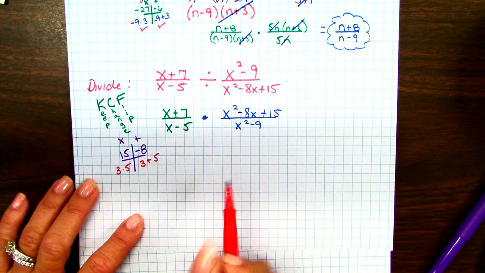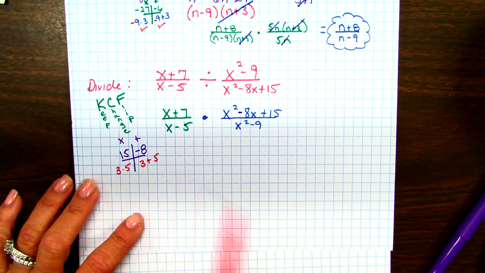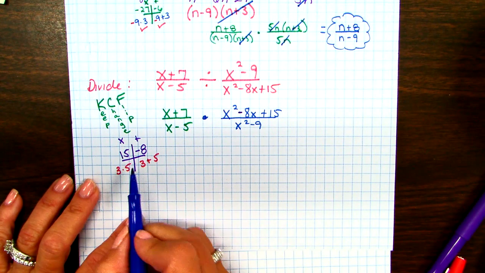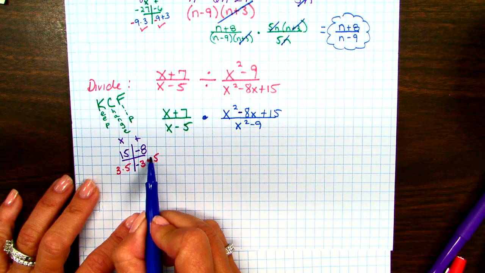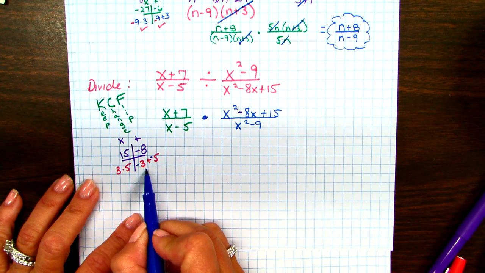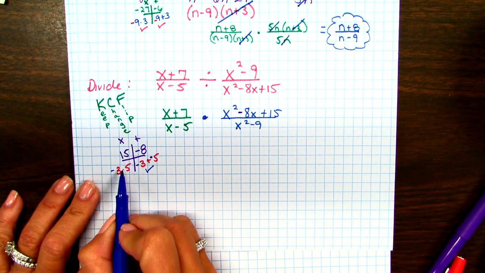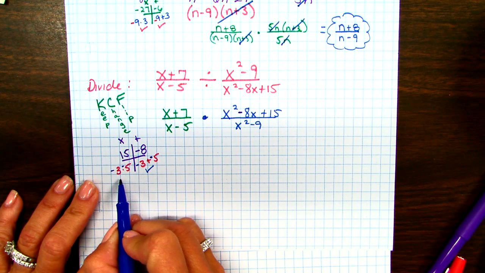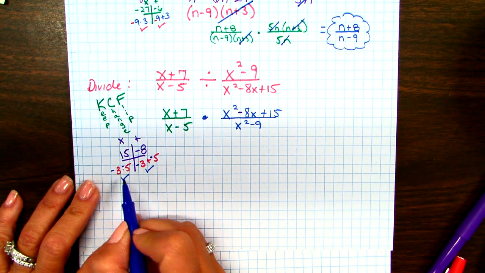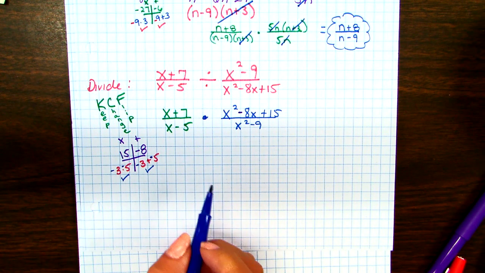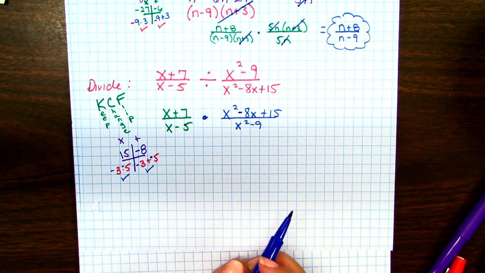How do I make a negative 8 with a 3 and a 5? Both negative. Good. If you do a negative 3 times a negative 5, you get negative 8. Check it over here. Negative 3 times negative 5 is positive 15. If you're not good with your negatives and positives, pick up your calculator. You're allowed to use your calculator. Okay?